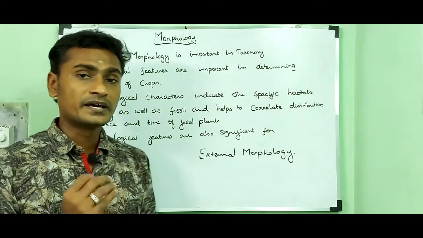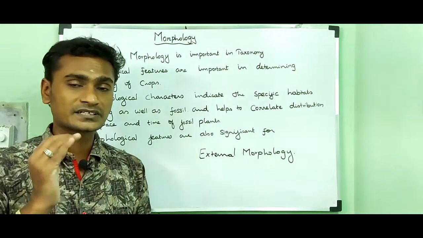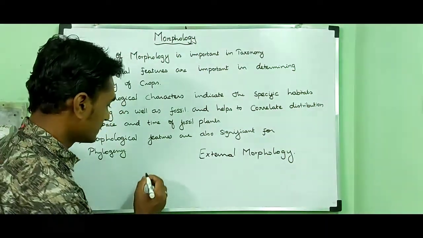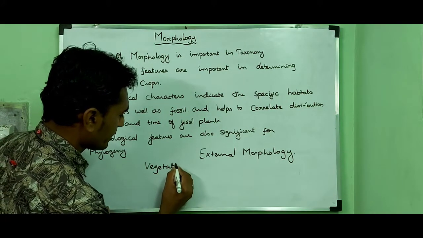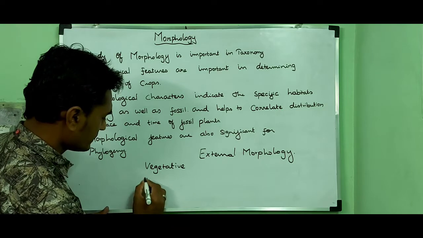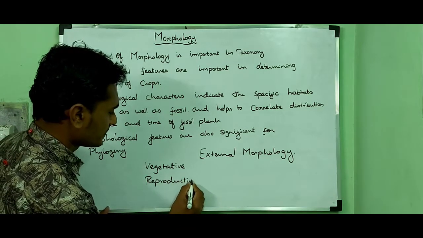Then the plant morphology can be studied under two broad categories. They are vegetative morphology, then reproductive morphology.